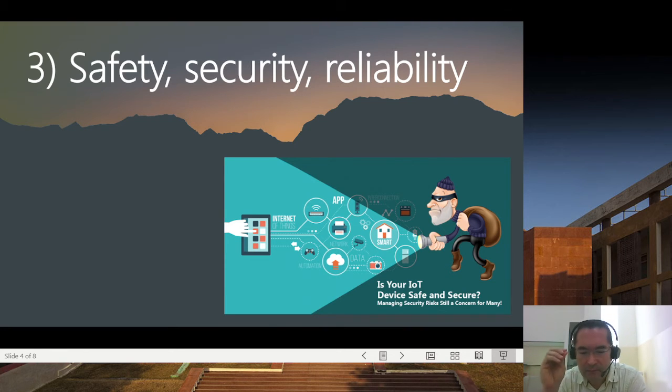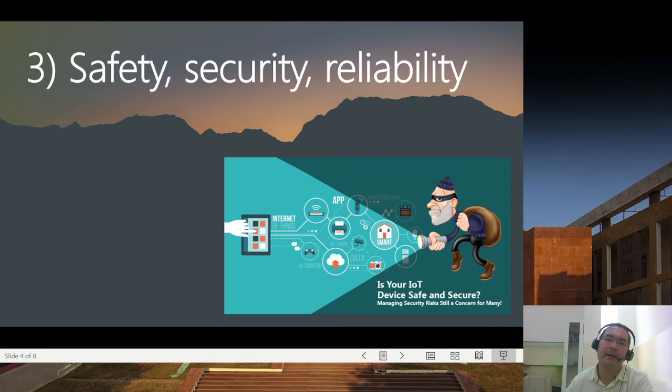At all times, we need to ensure that the use of this service and product is safe and secure, that data privacy is ensured, and that you are providing a reliable product that people can trust.